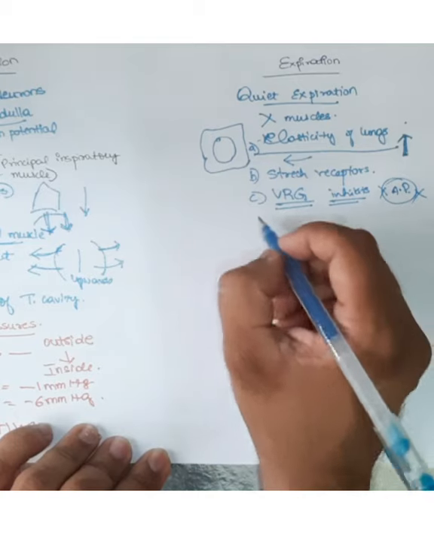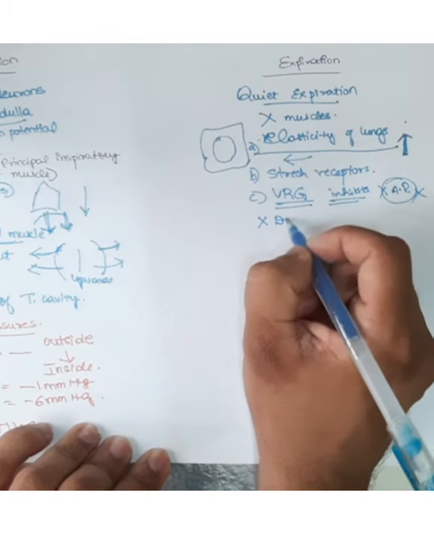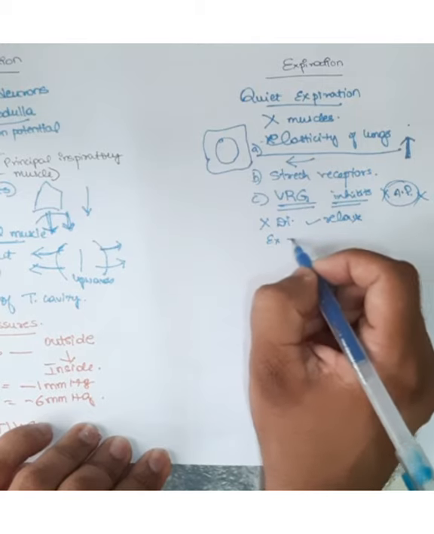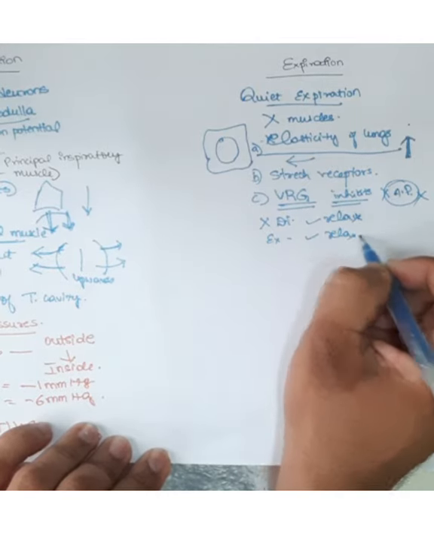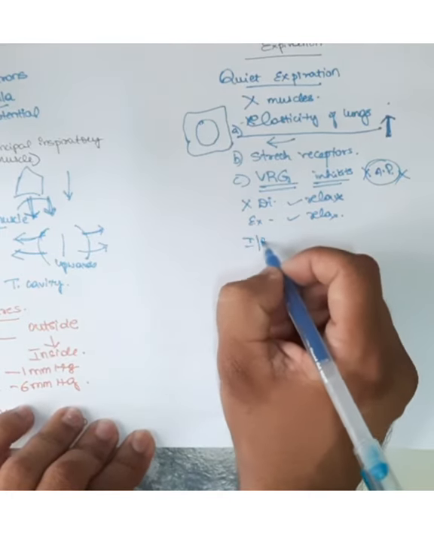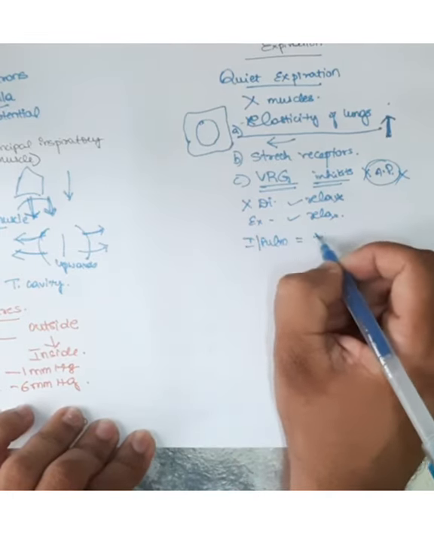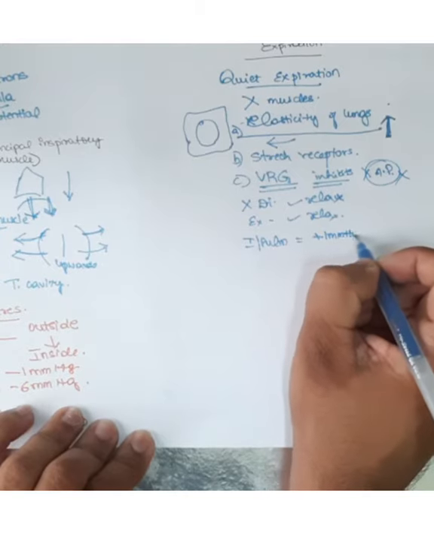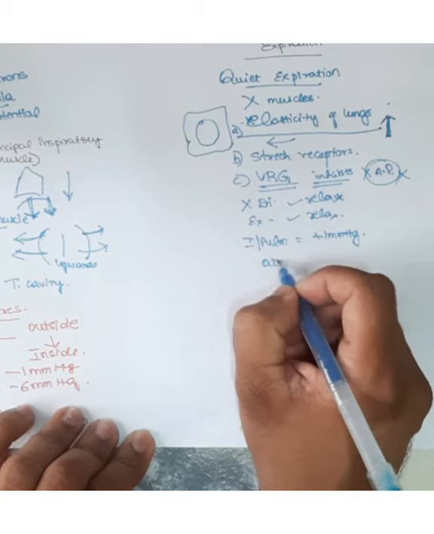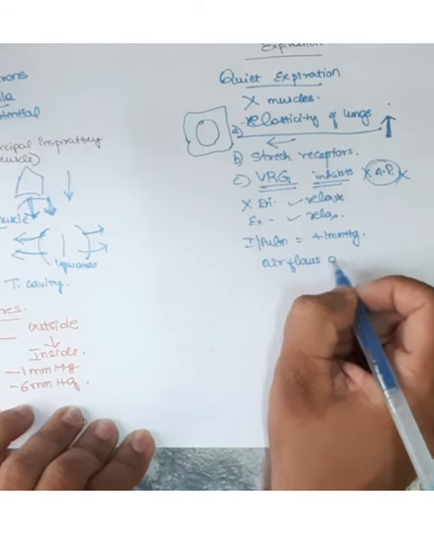Whenever it is inhibited, there is no contraction of the diaphragm, instead they relax. External intercostals also relax. Whenever they are relaxed, what happens to the intrapulmonic pressure? It goes to +1 mmHg, and it is more, therefore the air flows out.